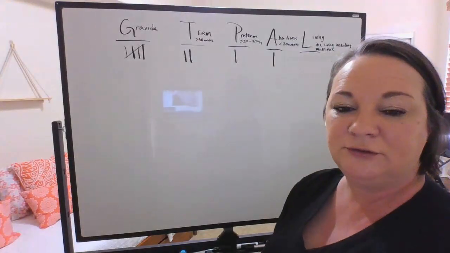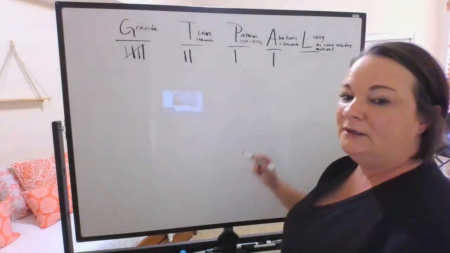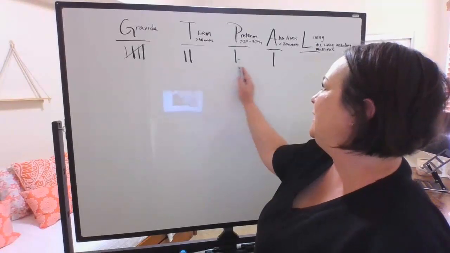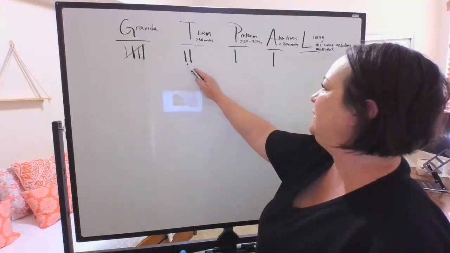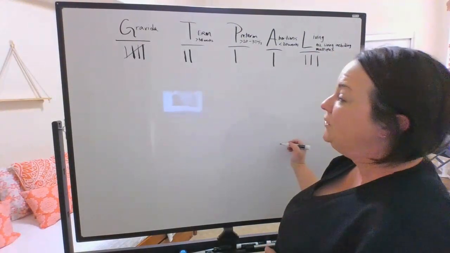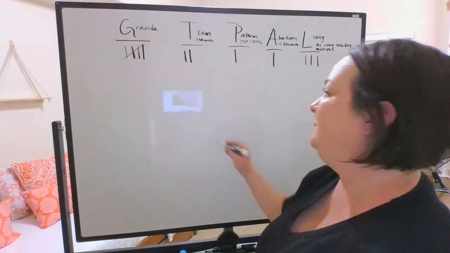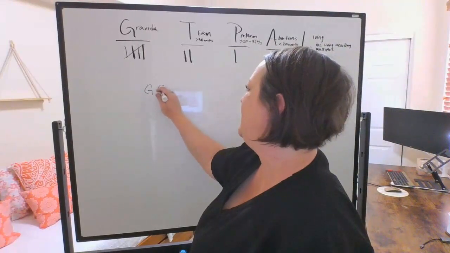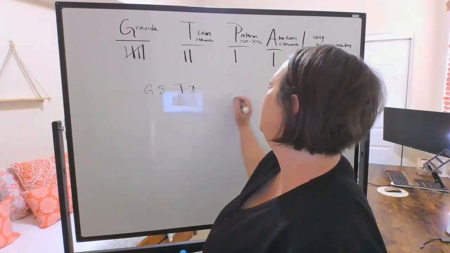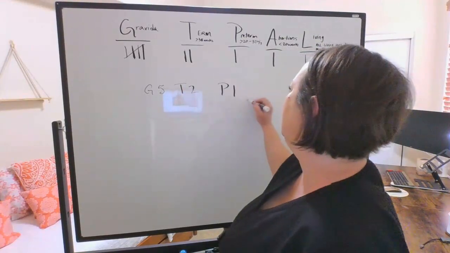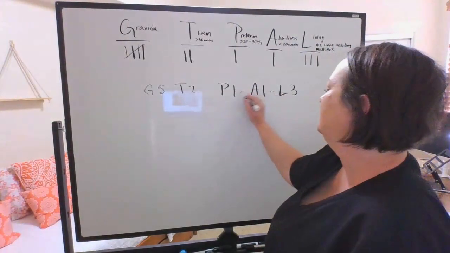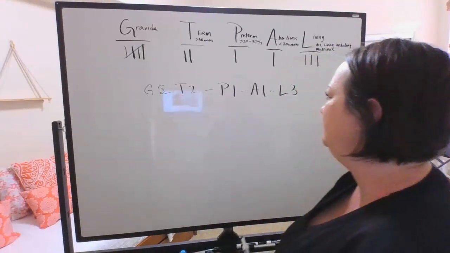All of the other children are living, so we have 1, 2, 3 living children. So her GTPAL would be a G5, T2, P1, A1, L3.